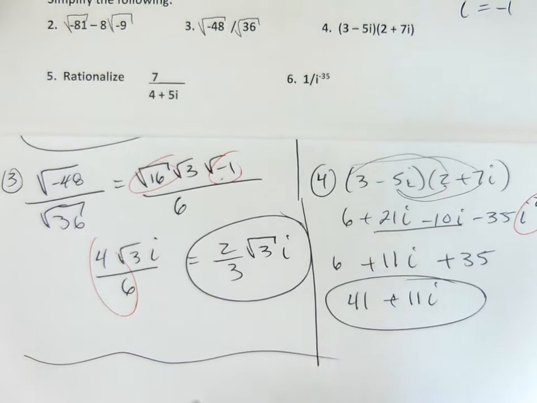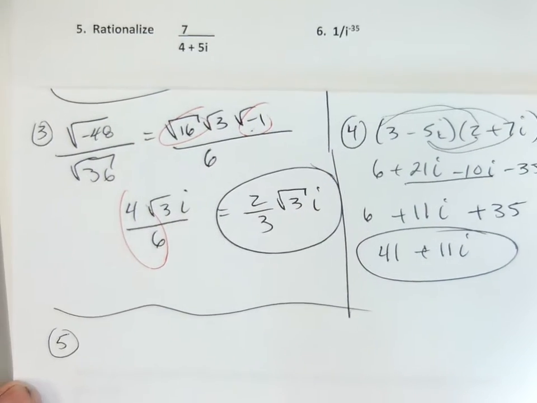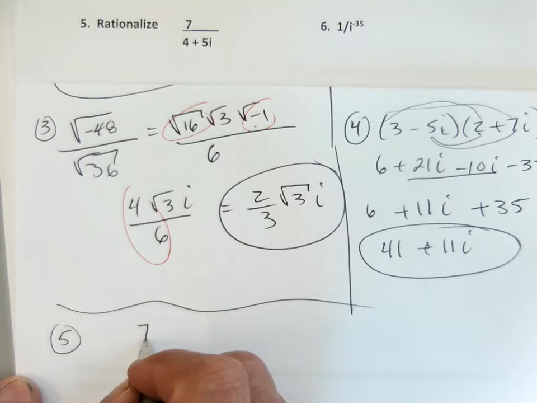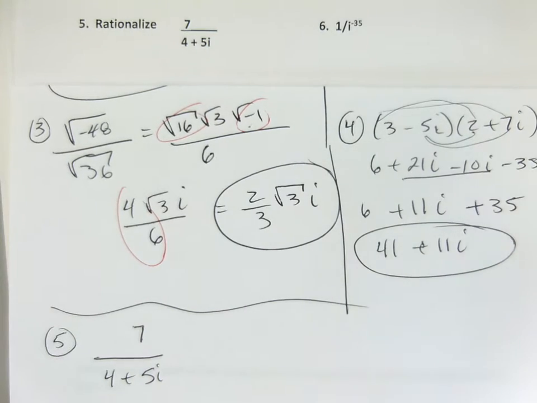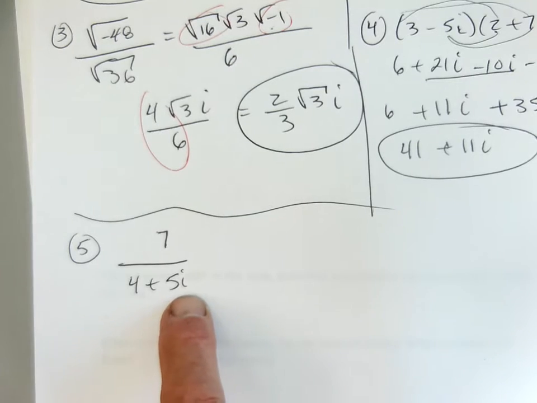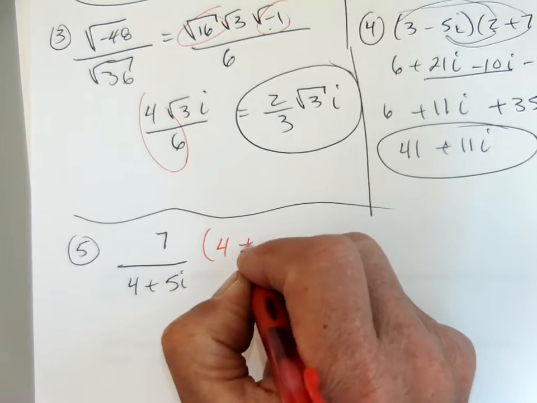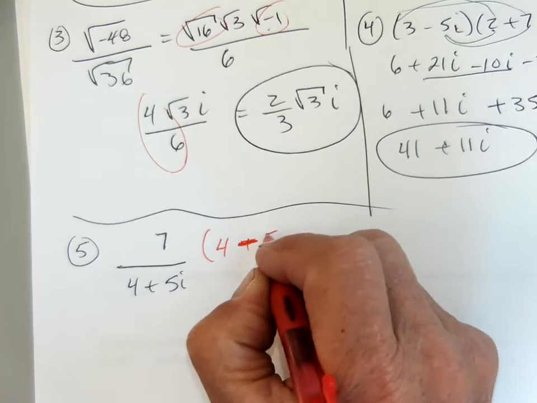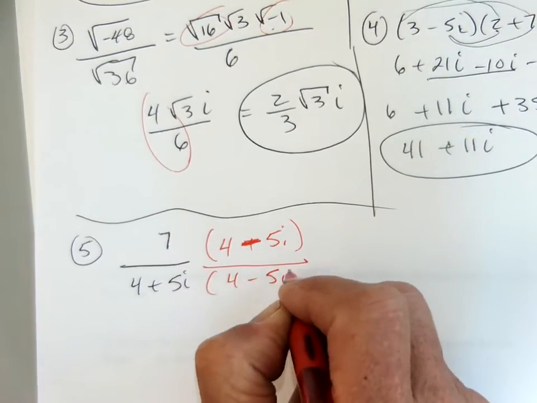Number 5, just like our warm-up, I'll do it. Number 5, we have 7 over 4 plus 5i. And Lauren asked a good question. Because it's 4 plus 5i, multiplying by 5i doesn't help. So we really have to multiply by the conjugate, which is 4 minus 5i over 4 minus 5i.